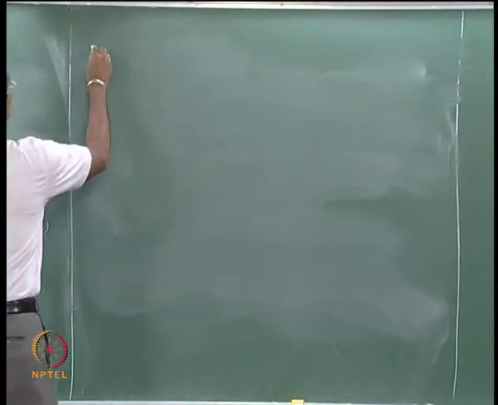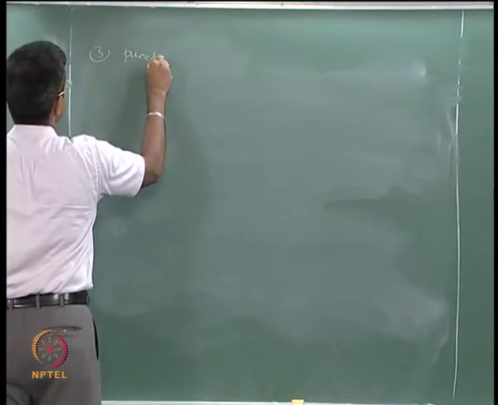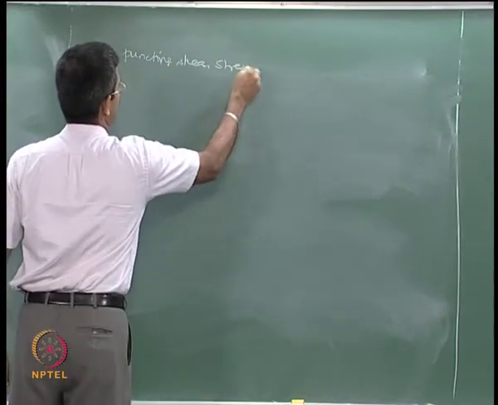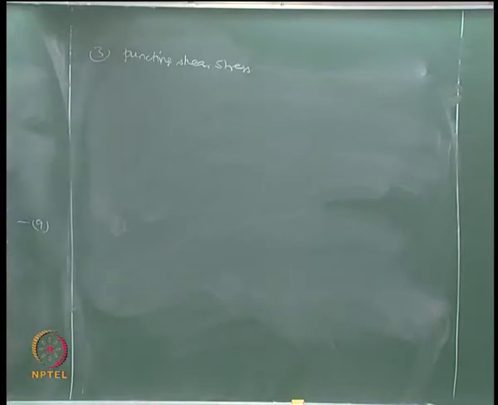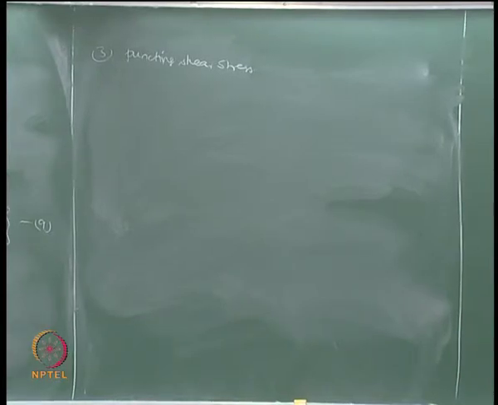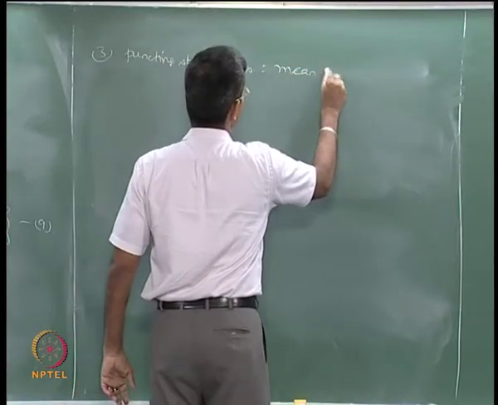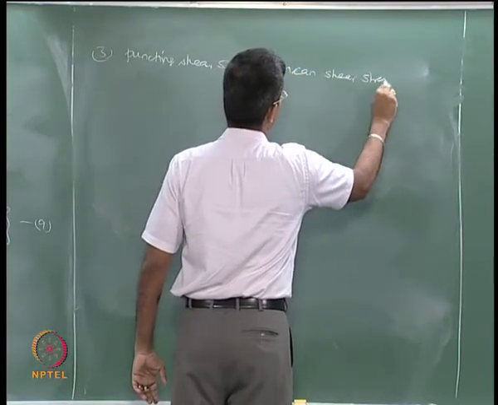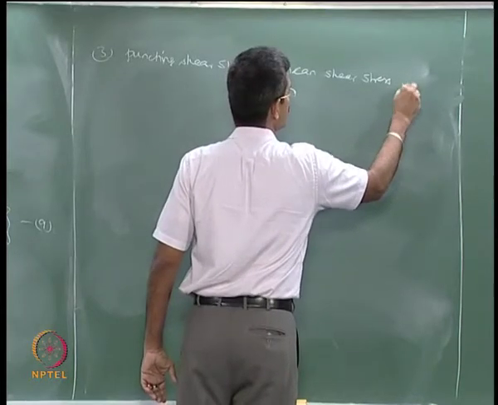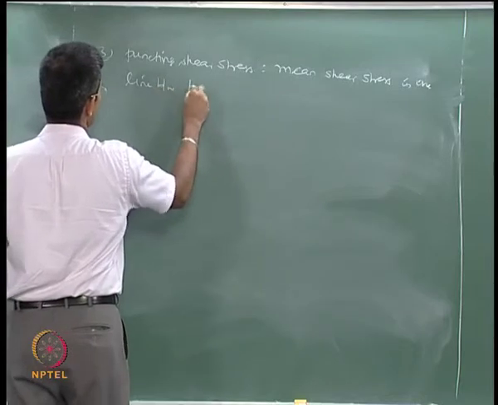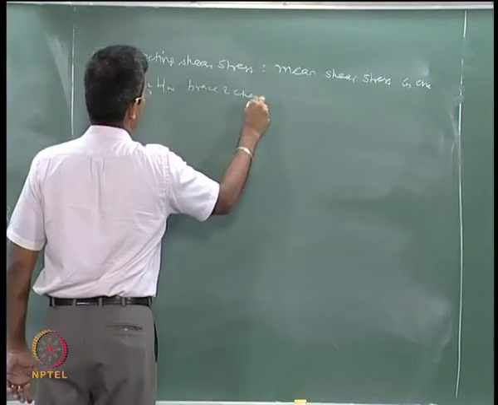There is something called punching shear stress, which applies at these junctions of brace and chords. It is actually nothing but the mean shear stress in the line which is between the brace and the chord.